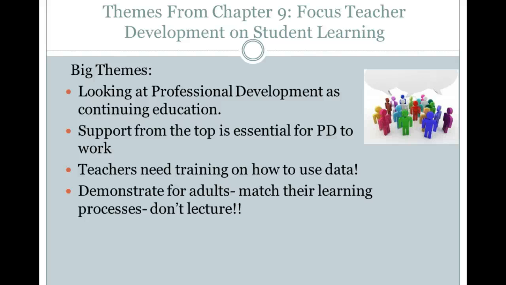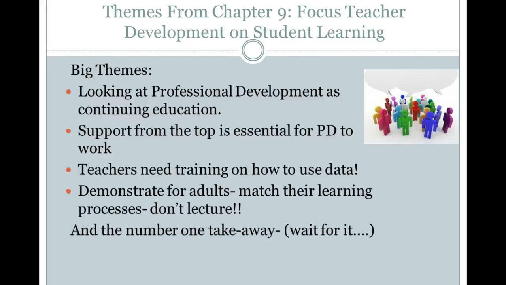This is kind of a complex idea, but basically leaders need to first think about what the student learning outcomes need to be and then think about what the teacher outcomes need to be in order to achieve the student learning outcomes, and then they need to backwards map the adult learning to produce those results. And the learning needs to be more than workshops. They need to collaborate in serious and sustained ways. And the number one takeaway is that you should focus on a small number of goals.